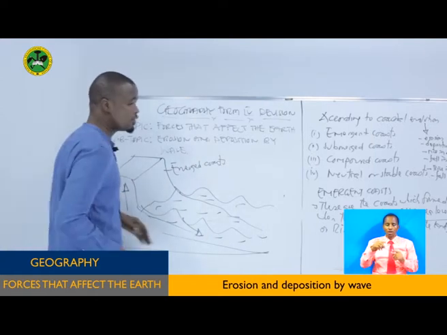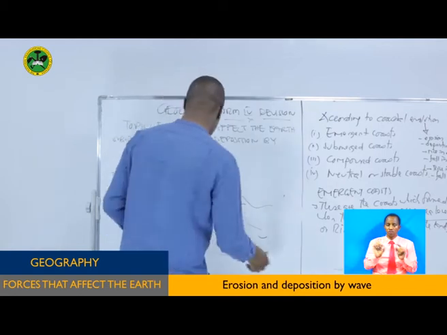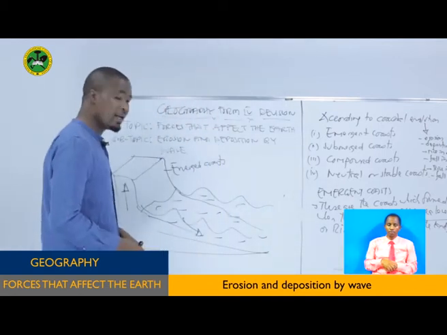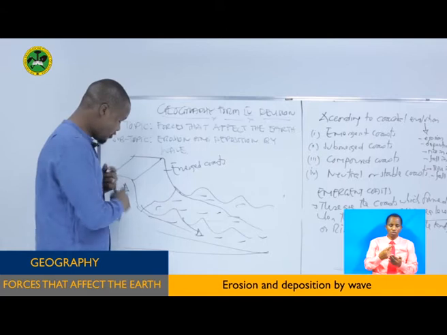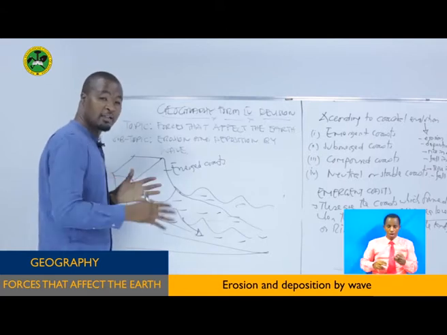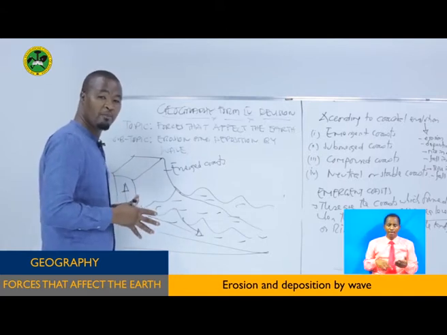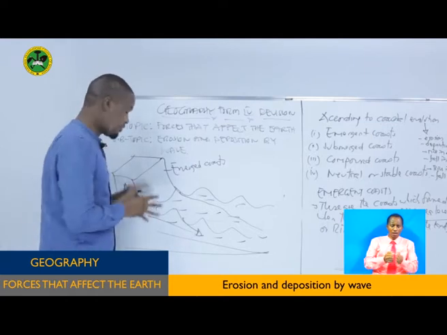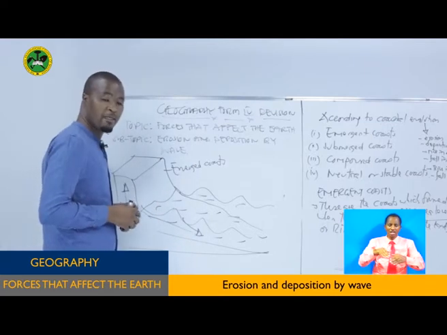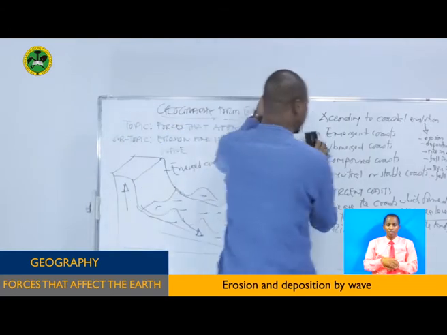The opposite of this is what we call the submerged coast. It is a coast formed when there is either rise in sea level or fall in land, due to either the plate movement or the earth movement or the erosion process acting upon this part of the land. And we call it the submerged coast.